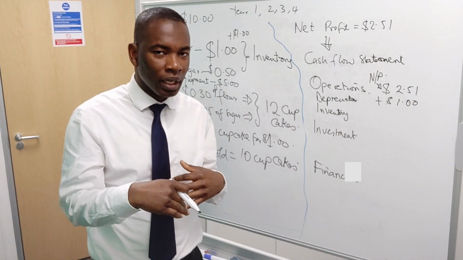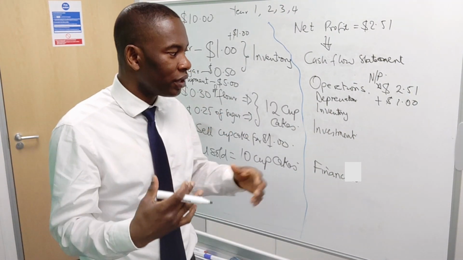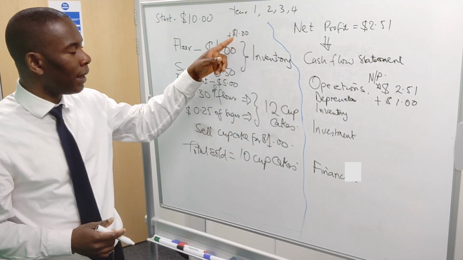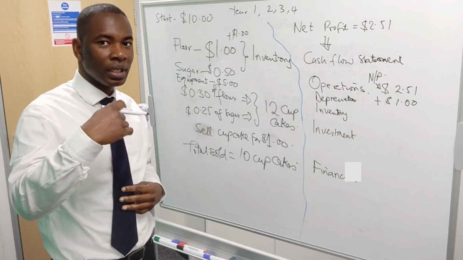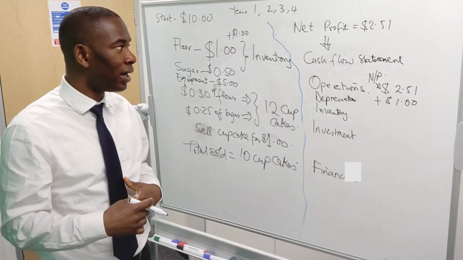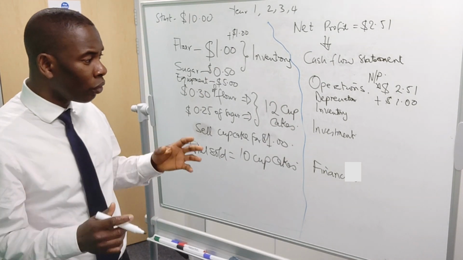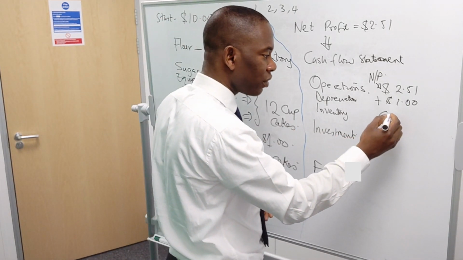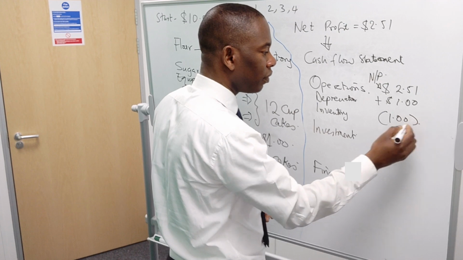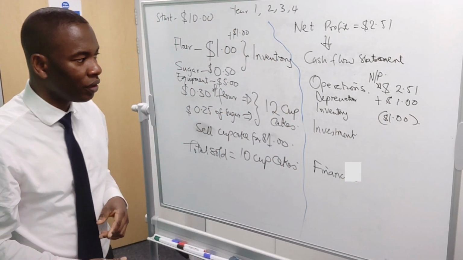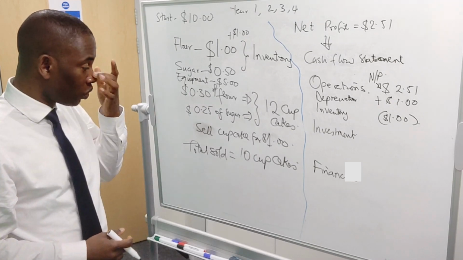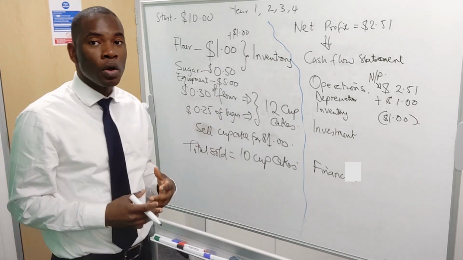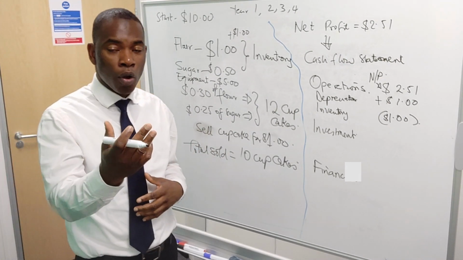When you're getting money in, it's positive. When you're giving money out, it is negative. So in this case of inventory, we are giving cash out, increasing our inventory. So what we now have is minus the money that we spent on buying that inventory of $1. Then also remember that yesterday when we sold our cupcakes, we sold 7 and we got payment for 7.